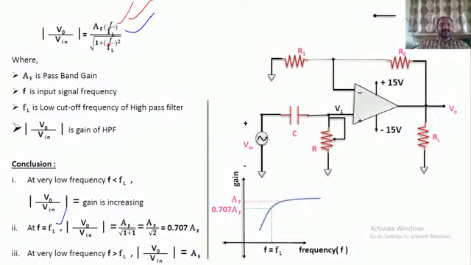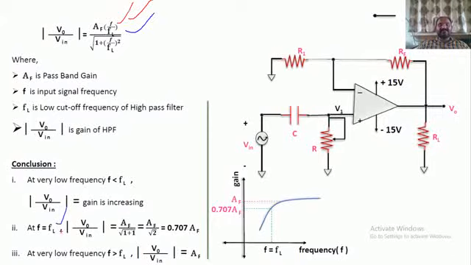So when f is greater than fL, V0 by Vin equals AF, which indicates the pass band gain of the filter. When the input signal frequency is less than the low cutoff frequency, the gain of the filter is a small value.